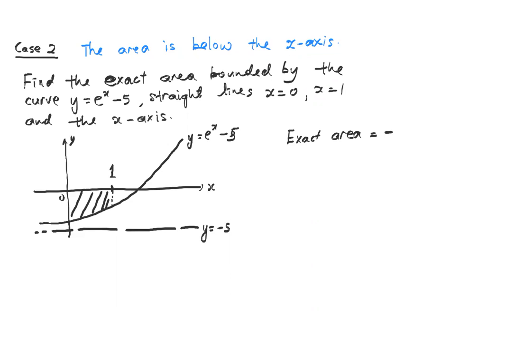You can put a negative sign, integrate from 0 to 1 of e to the power x minus 5 dx. Because if the area is below the x-axis, the definite integral will give you a negative value. Area cannot take a negative value because area is a scalar quantity. So if I don't want to write like that, I can also write it in another way.